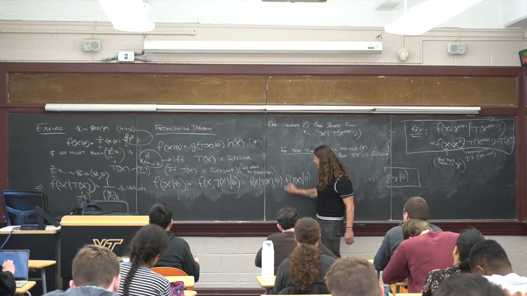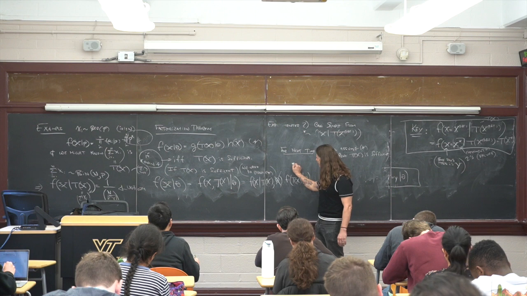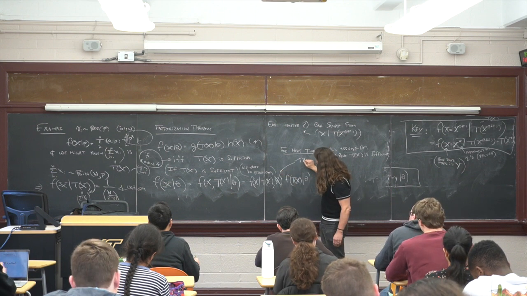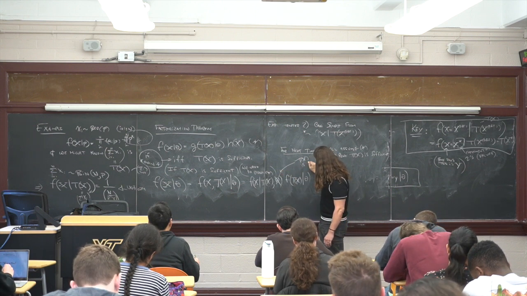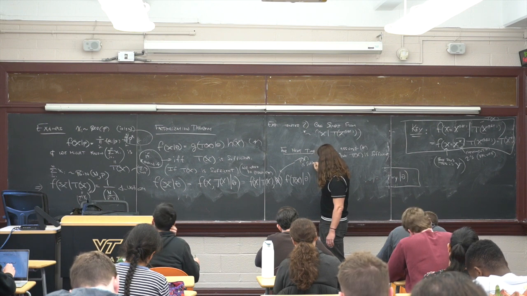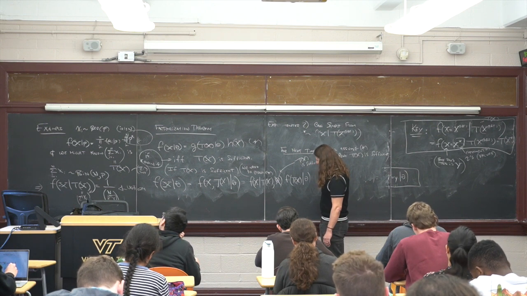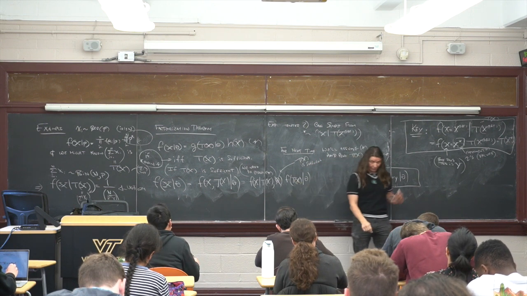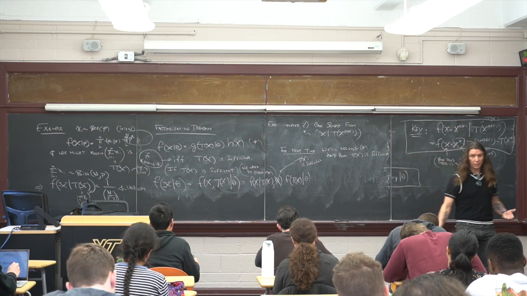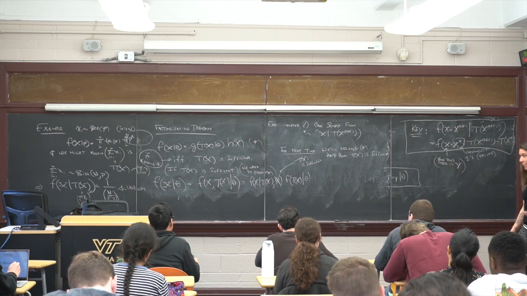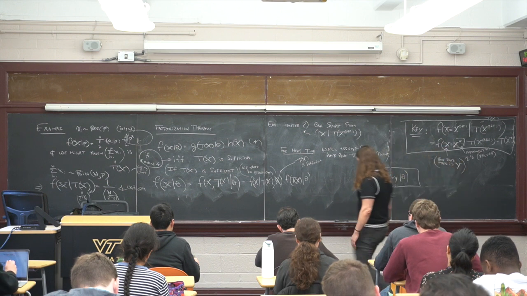T of x is sufficient, so we can cancel that out. So because that's sufficient, this isn't a function of theta, so I can just remove theta from my notation.